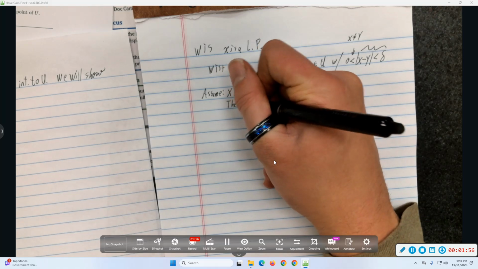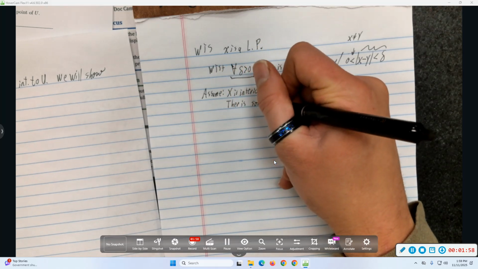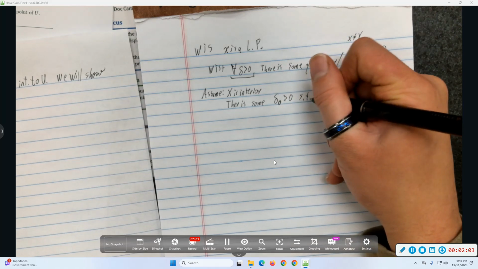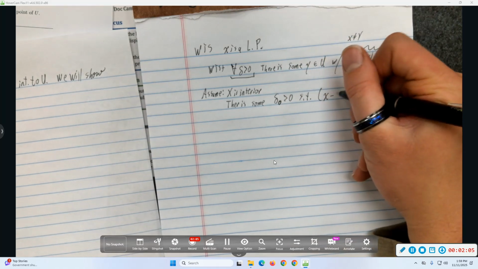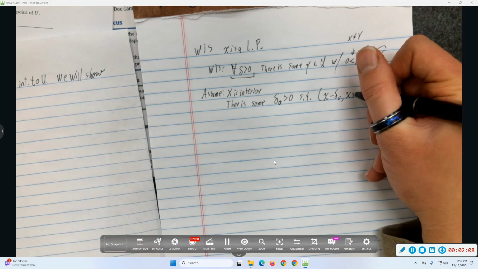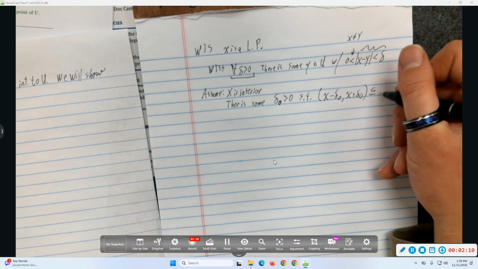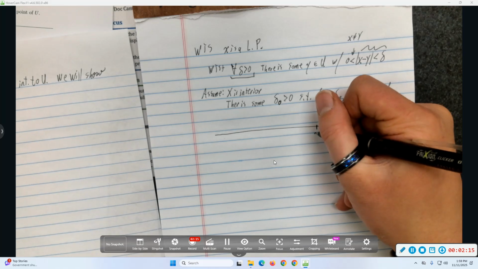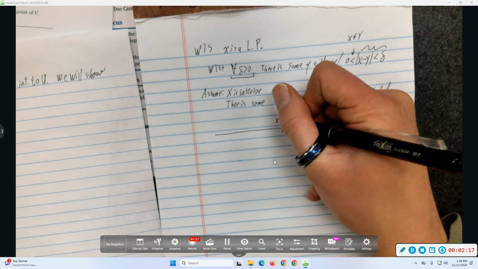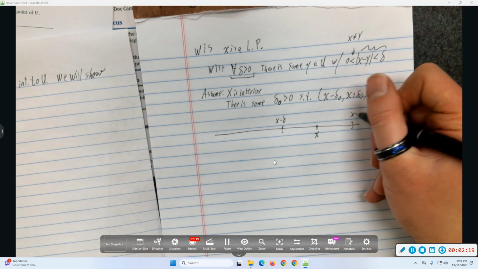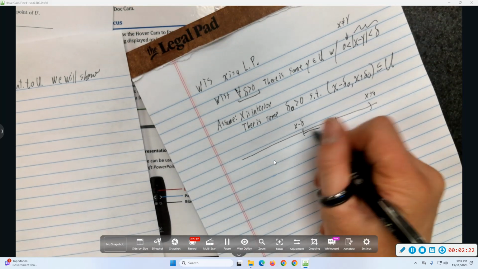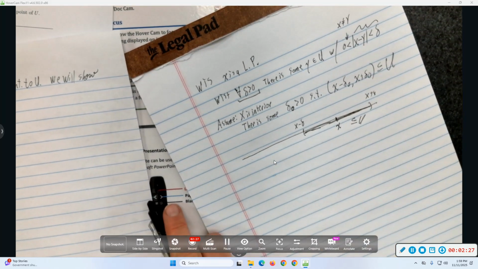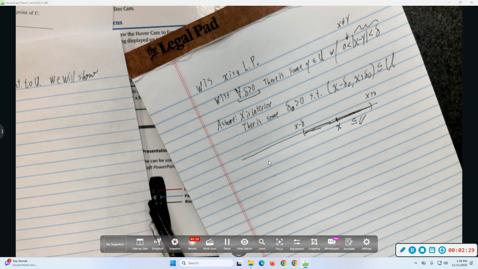So there is some, let's call it delta 0, such that x minus delta 0 to x plus delta 0 is contained in U. So let's draw a picture of that. There's this x. There's x minus delta, there's x plus delta. Everything in between, all of this is a subset of U. Oh, delta 0.